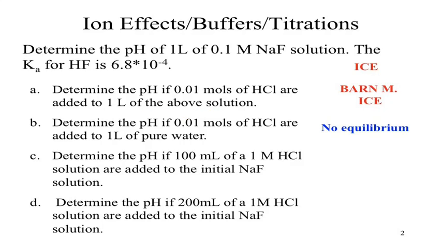If we compare it to our last situation, we added less acid than we did before. Should the pH go down as much or more than? Less than. Did it go down less than? Yes. Okay? Up there you have chlorine. Yes, 0.5. That comes from our barn chart.